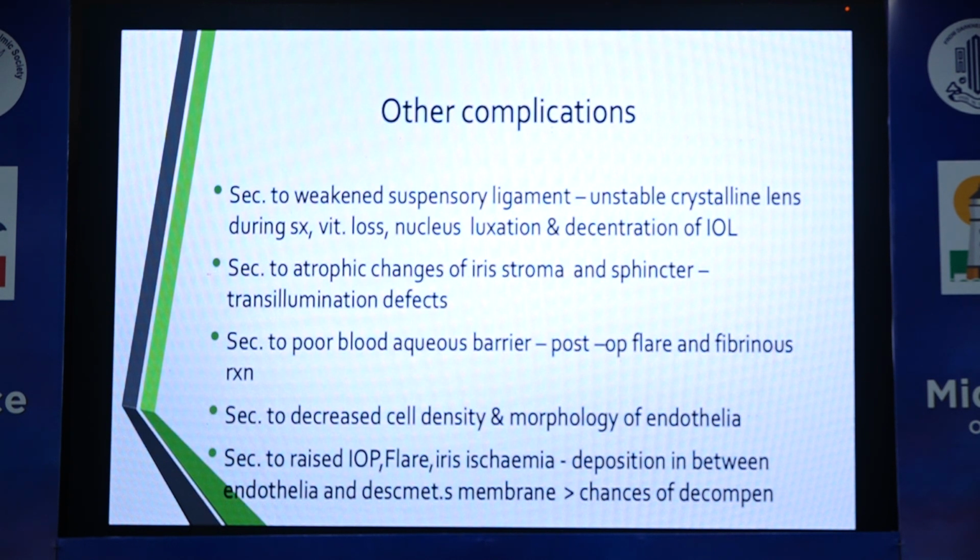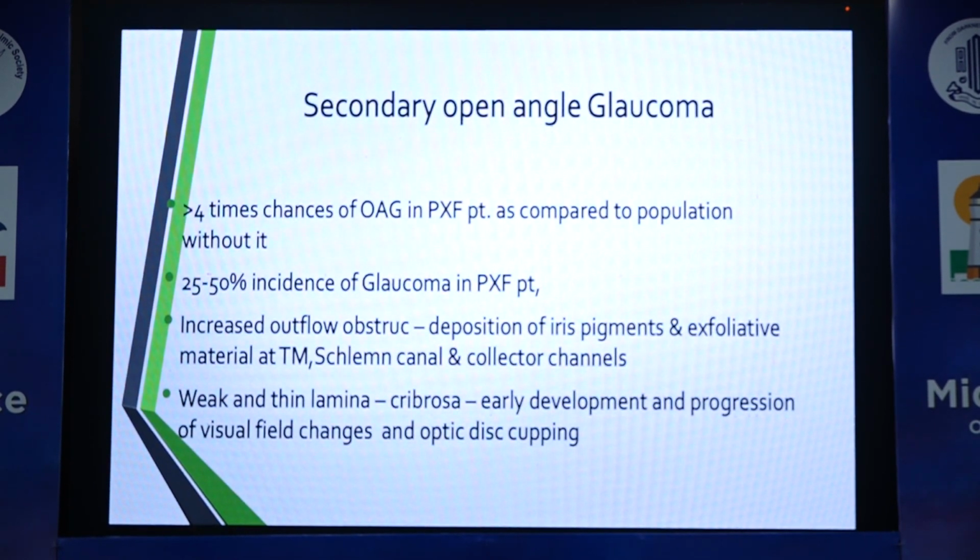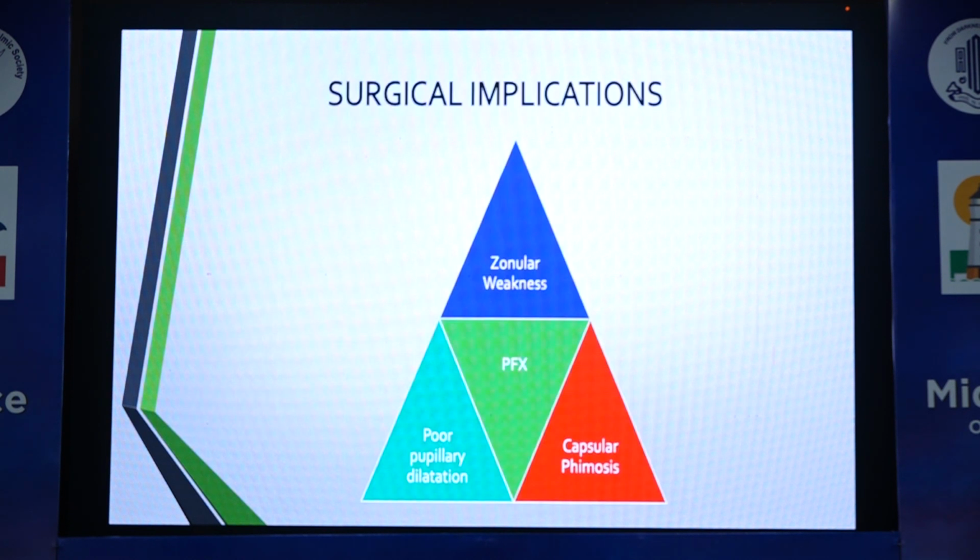So there is an unstable crystalline lens during surgery, vitreous loss, nucleus luxation, and decentration of the intraocular lens. Secondary to atrophic changes of the iris stroma and sphincter, there are also transillumination defects. And secondary to a poor blood-aqueous barrier, post-op flare and fibrinous reaction are commonly seen. Secondary open angle glaucoma is also seen in pseudo-exfoliation syndrome.